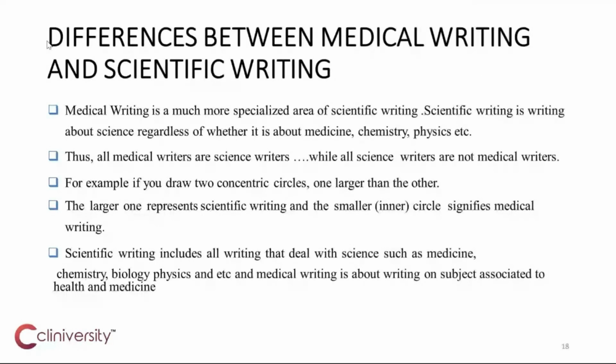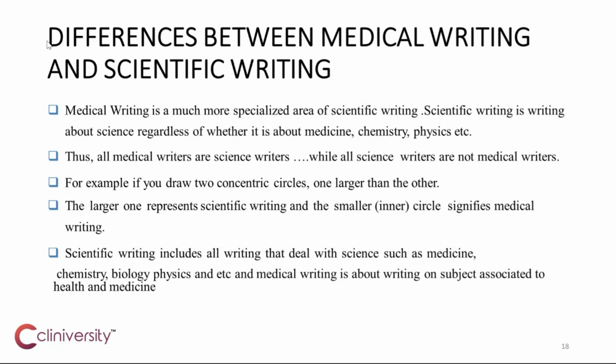Because medicine is a part of science, all medical writers are also called science writers. So if you are a medical writer, you are eligible for scientific writing also. But not all science writers are medical writers. They are science writers only, because they are not always working for medicine and healthcare.